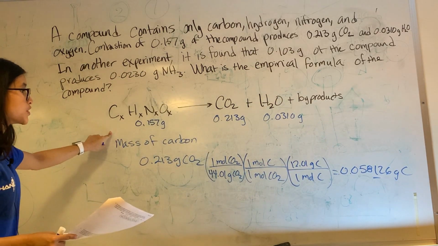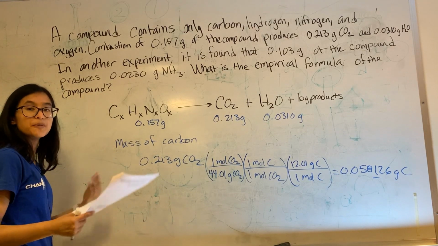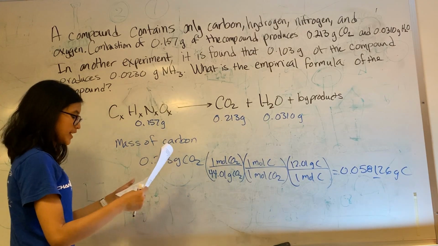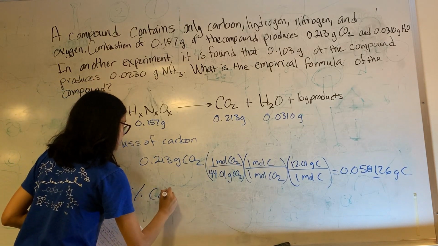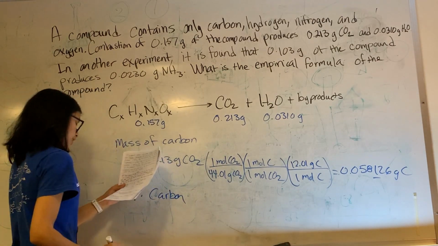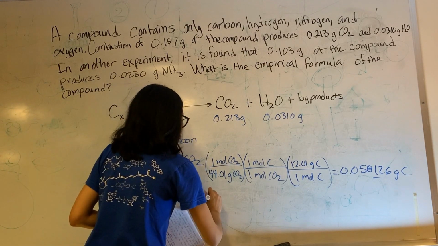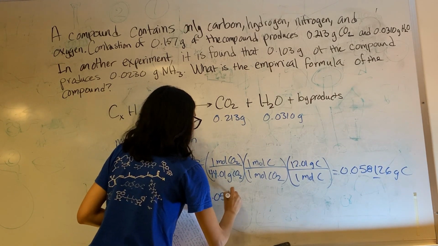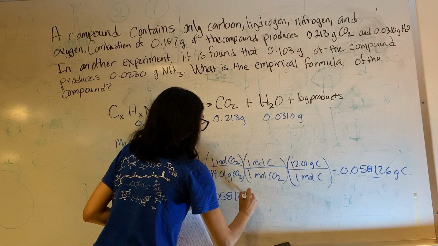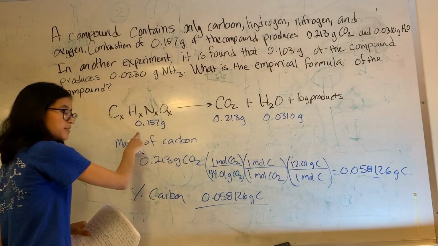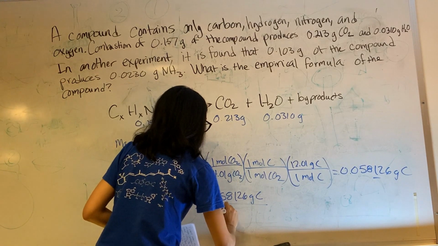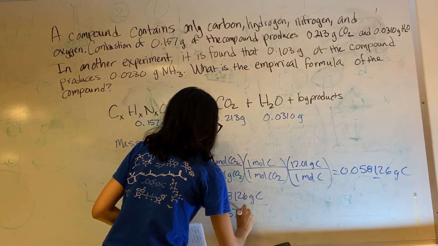So if we're assuming that, that means we can calculate the mass percent of the carbon in that sample. So the percent of carbon is equal to that mass of carbon that we just found over the mass of your sample that you're using, which is 0.157.